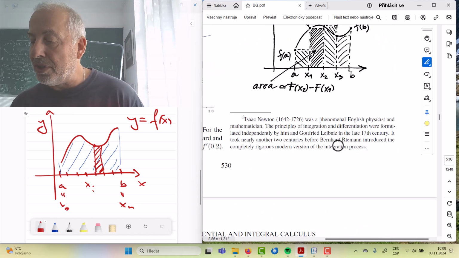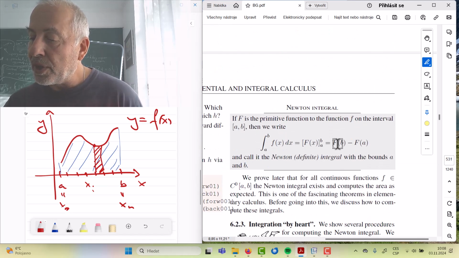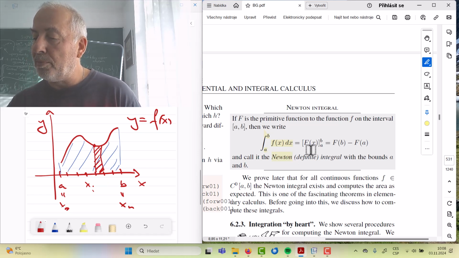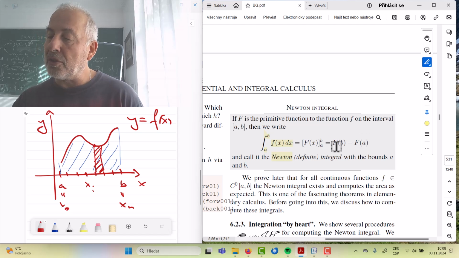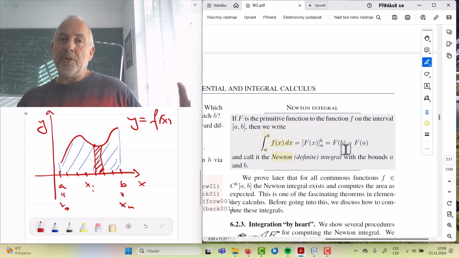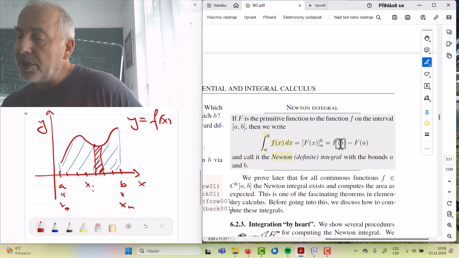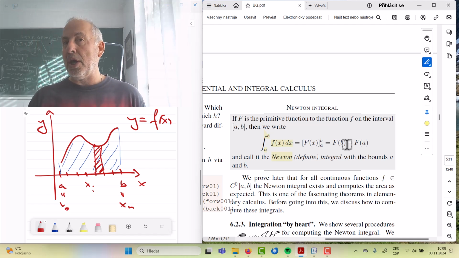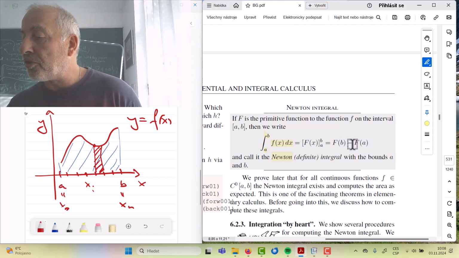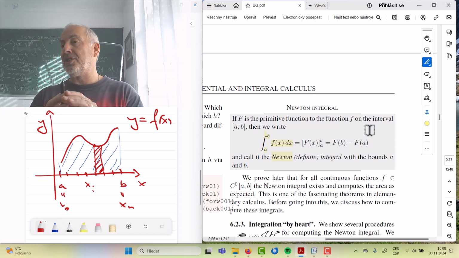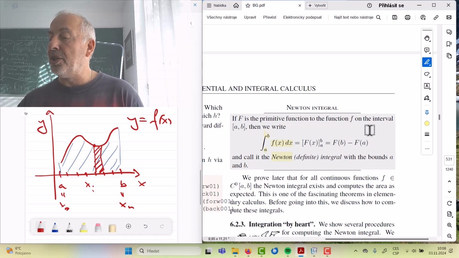This is a good reason why to define the definite integral in the style of Newton, which will be simply the difference of the boundary values of the capital F function, the antiderivative. And you see that the antiderivative is defined uniquely up to a constant, and because you have the difference, the constants disappear. So this is uniquely defined, right?